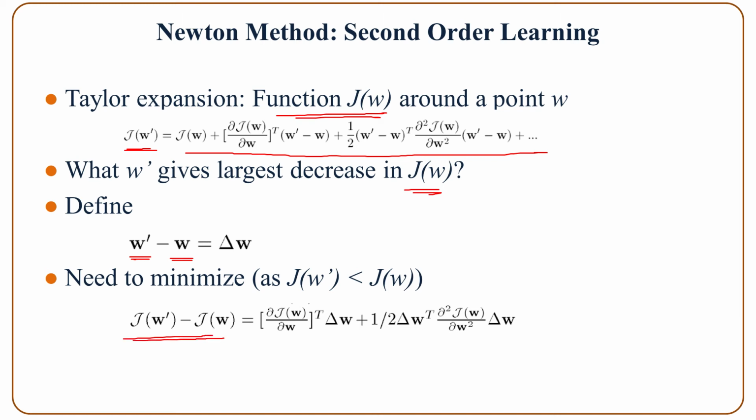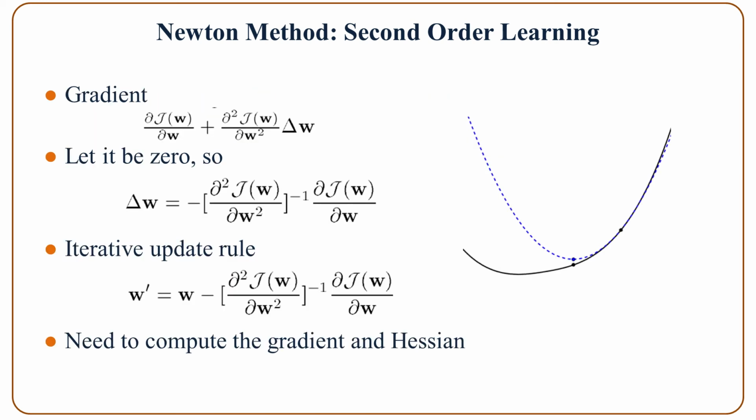Basically, we move J of W to the other side. So we have J of W prime minus J of W. And on the right side, we keep the first two terms. So taking the gradient, we have this, and let it be 0.